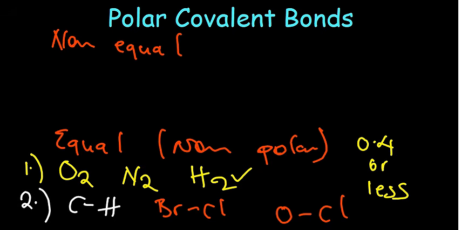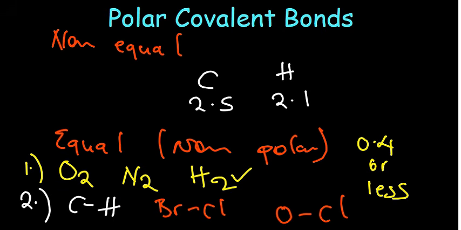Carbon has an electronegativity value of 2.5, and hydrogen has an electronegativity value of 2.1. Let's find the difference. The difference here is 0.4, which also classifies it as non-polar.